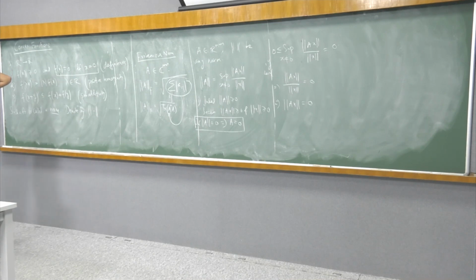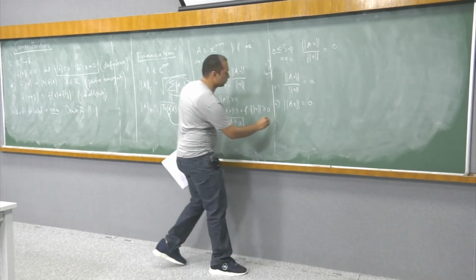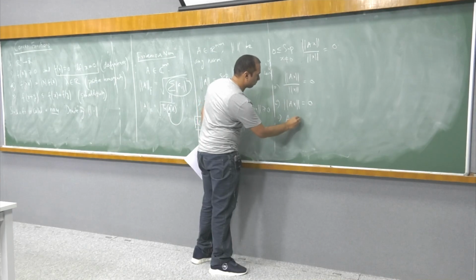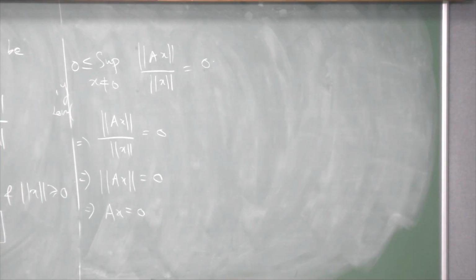So if norm of x is 0, then this implies Ax is 0, but that may not necessarily imply A is 0, which is what we wanted. We wanted A to be 0, right?